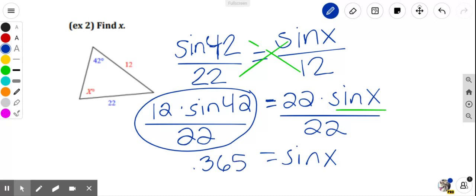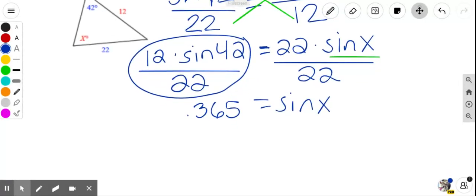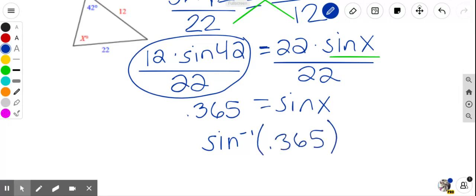Now remember, to get the final answer, you're going to do the inverse. So you're really plugging in inverse sine of 0.365. If you are using a phone calculator, keep that decimal in your phone right now, and then just hit second sine, and it'll give you the answer, which is 21.4 degrees.